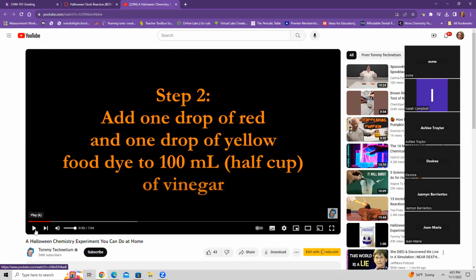And then half a cup of vinegar. You see that? It's telling you exactly what to do. And I do have vinegar in the lab. There should be a few vials of white vinegar there. Okay, so that's step two.